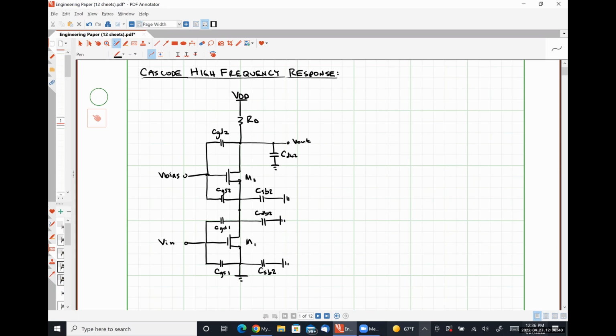So capacitance CSB2 is out, right? It's grounded on both sides, so we don't really have any issue there with canceling that guy out. So I'm just going to put a red X through it.